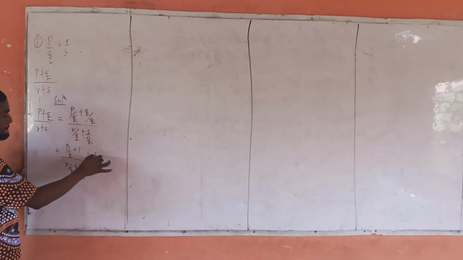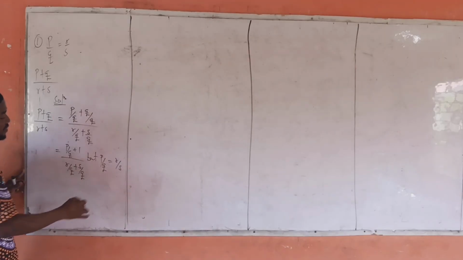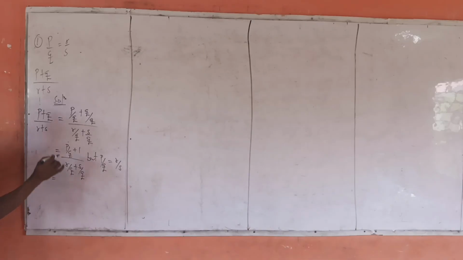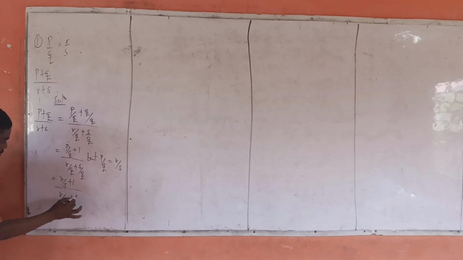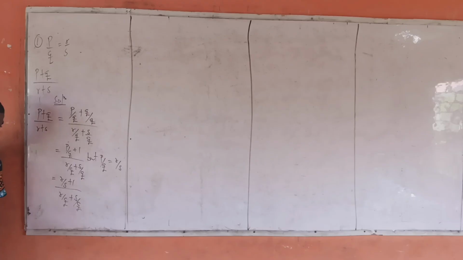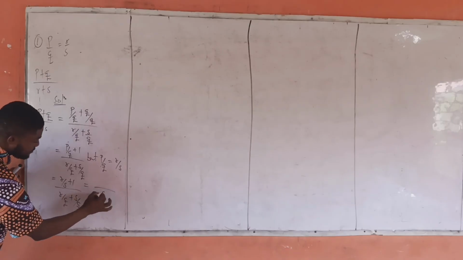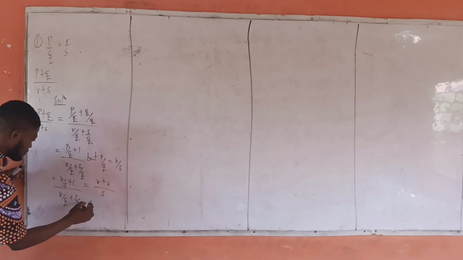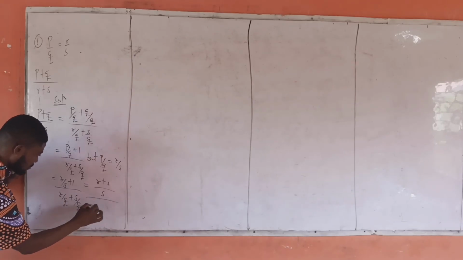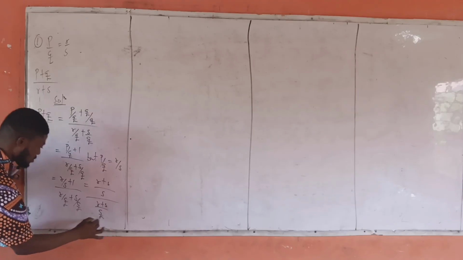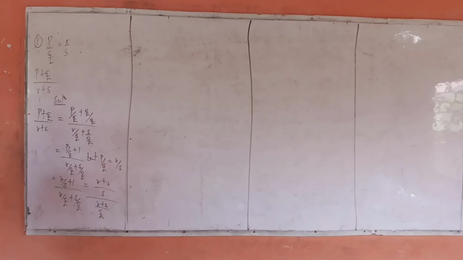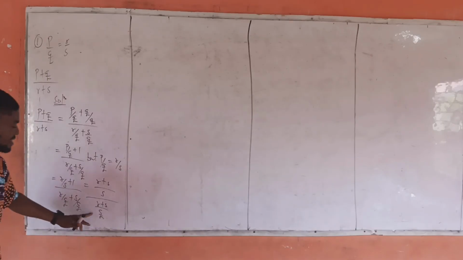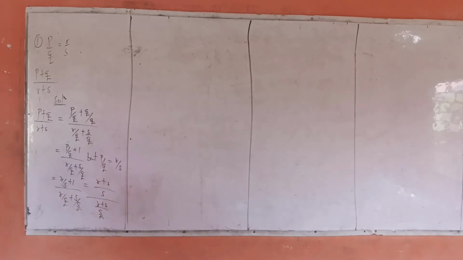But P on Q is equal to R on S. If I do that substitution, I get R over S plus 1 all over R on Q plus S on Q. LCM of the top is S, LCM of the bottom is Q. I have R plus S over S all over R plus S over Q. This is division, so I bring the division sign, change it to multiplication.